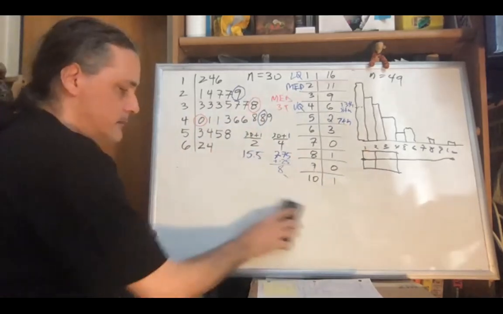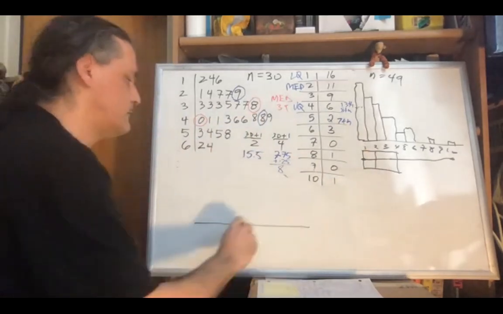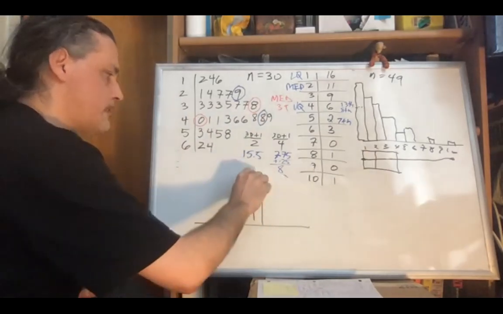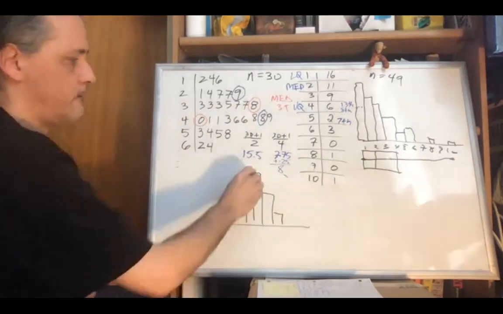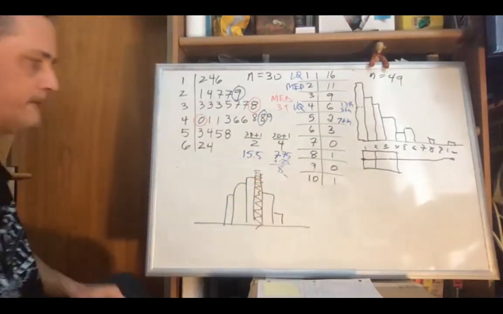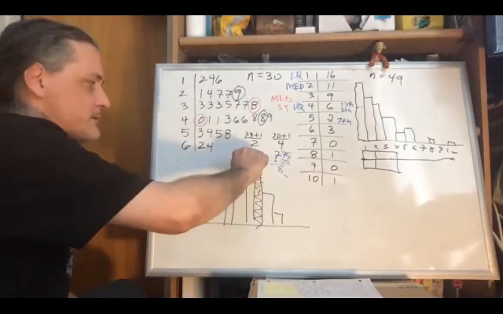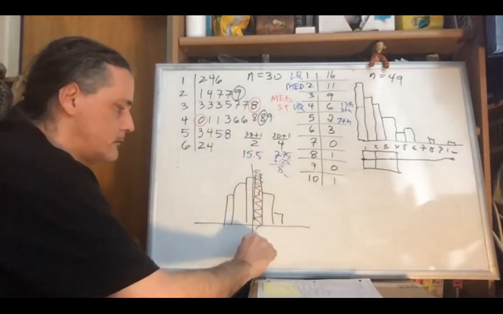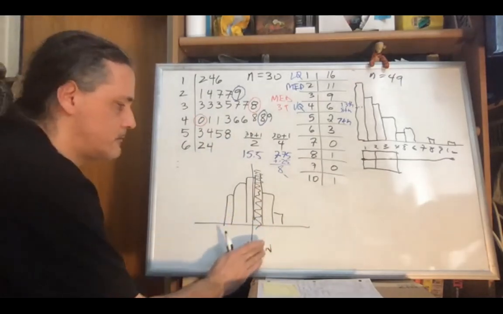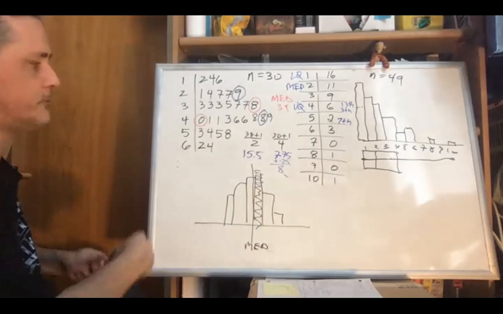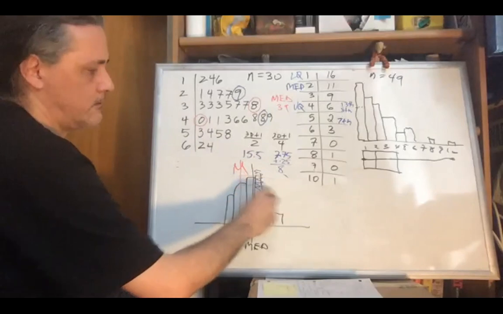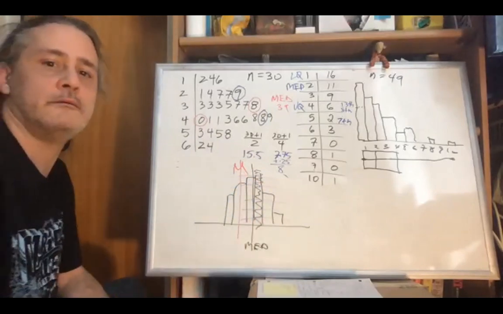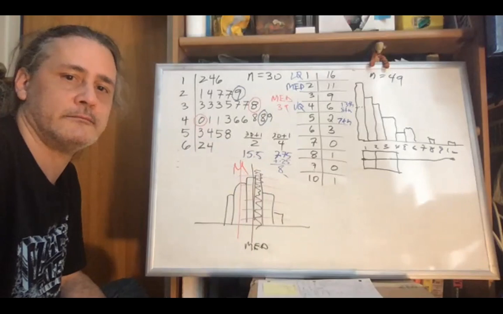So let me make that a little more visual with a bar graph. All right, so here's our mode. Now, wherever the median might be, let's say the median is here. Well, if the mean shifts over here, notice that there's more to the right, more than 50%.